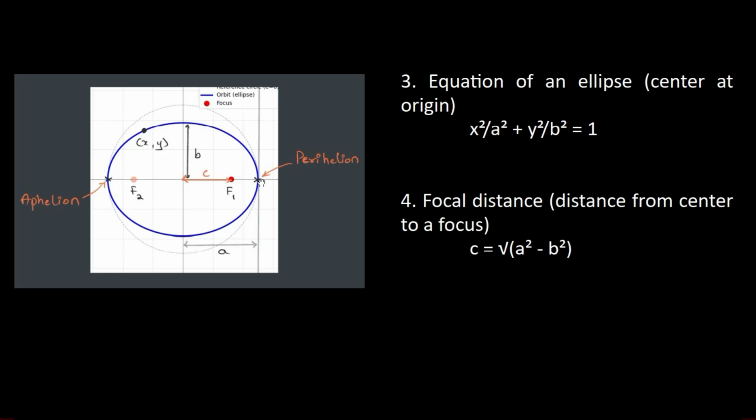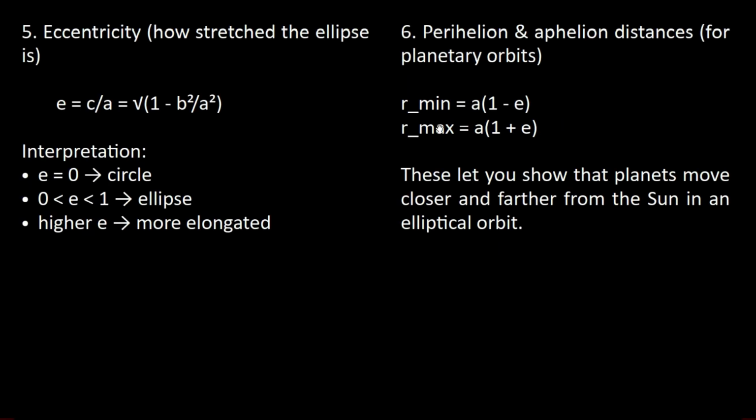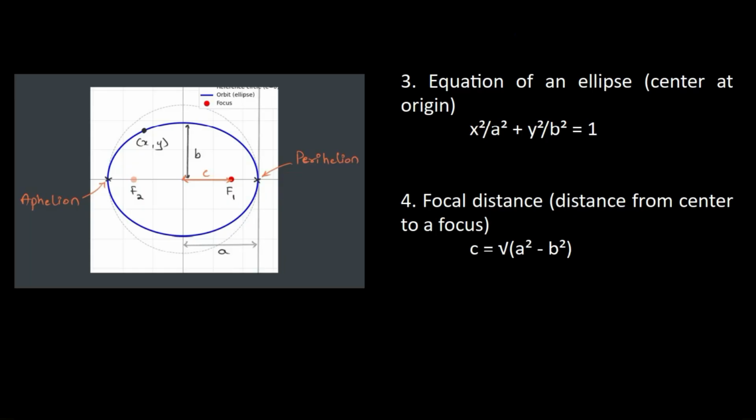Perihelion is the point, okay, this I have to explain with the focus in mind. If R minimum is this, R maximum is this, R minimum is your perihelion, maximum is aphelion. This lets you show how the planets move closer and further. Okay, this I think I'll show when we get to planetary motion. Here it might confuse you guys.